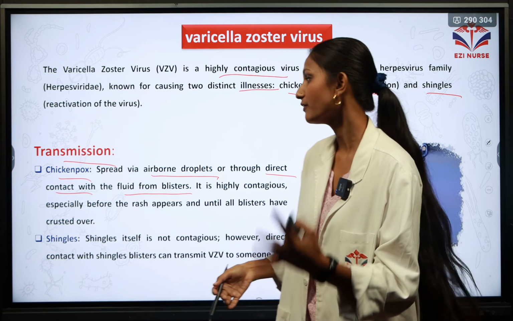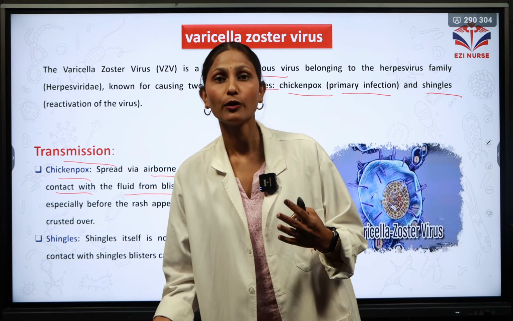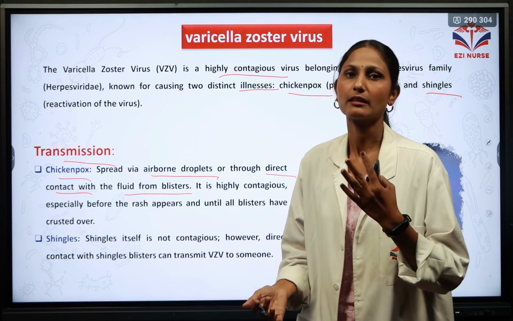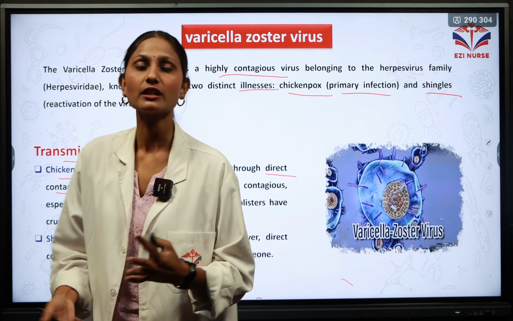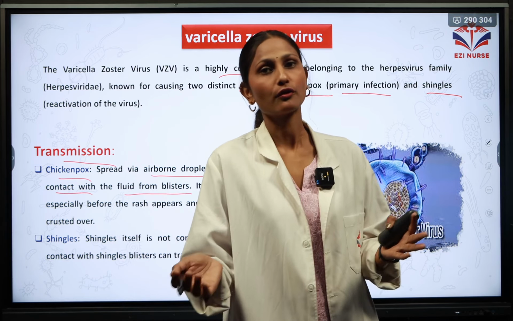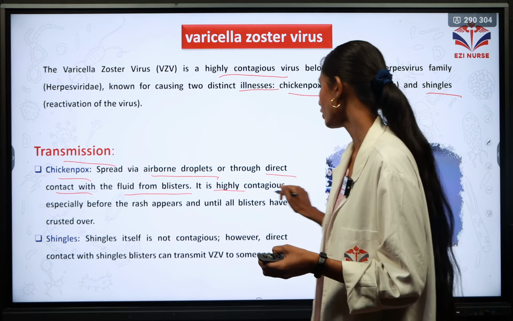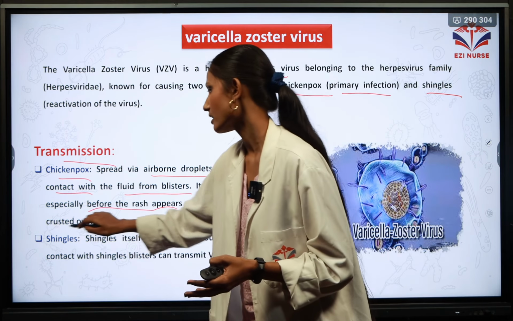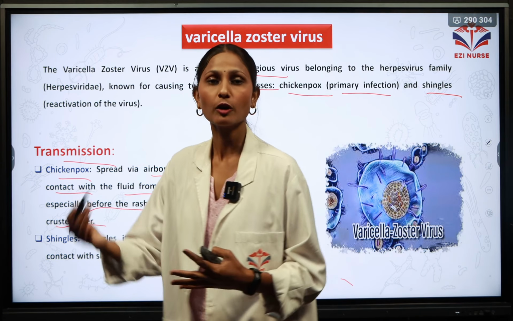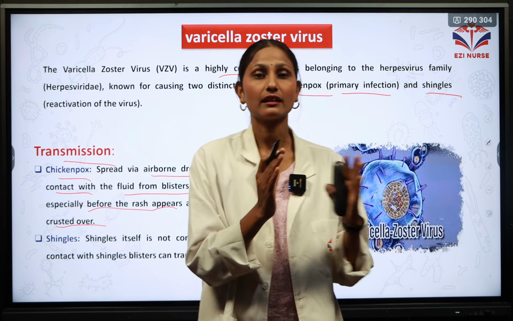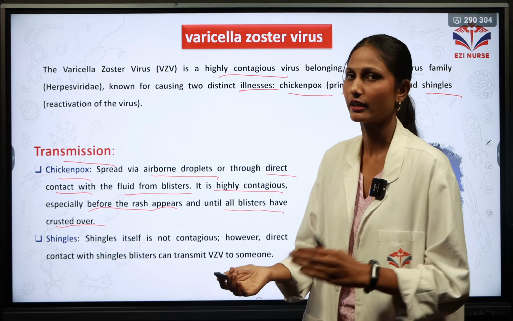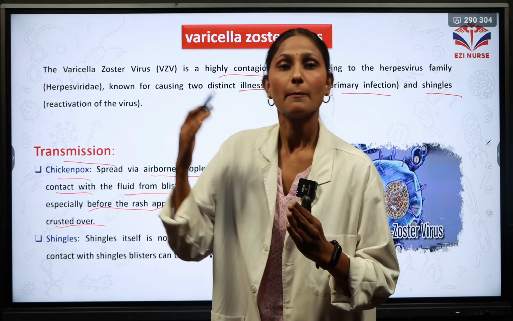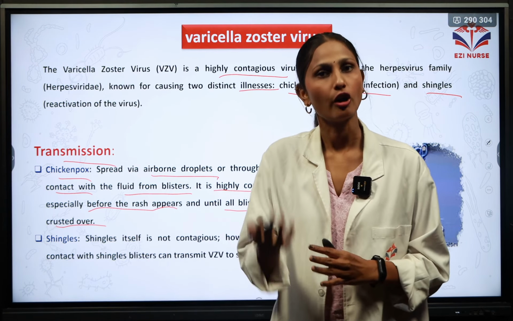If any person comes into contact with the fluid of the blister, that person can also develop chickenpox. It is highly contagious from before the rash appears until all the blisters have crusted over. After the blisters crust over, it is not contagious, but from the starting to the ending of the blisters, it is very contagious.